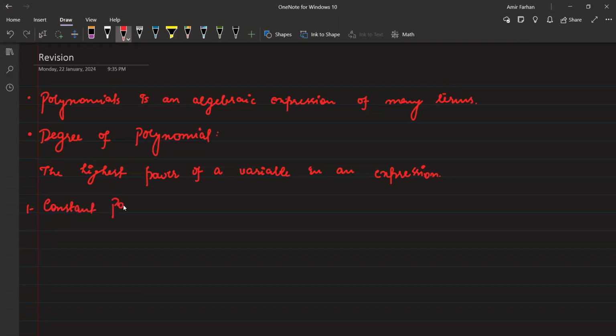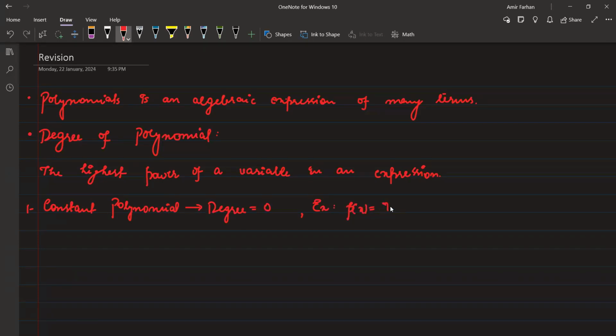ठीक है. कांस्टेंट पॉलिनोमियल में वी हैव डिग्री इज इक्वल्स टू, किसी को पता है व्हाट विल बी द डिग्री? अब्दुल्ला, आदिल, मदिहा, it will be 0. Okay, example will be p of x is equals to, suppose, 7.